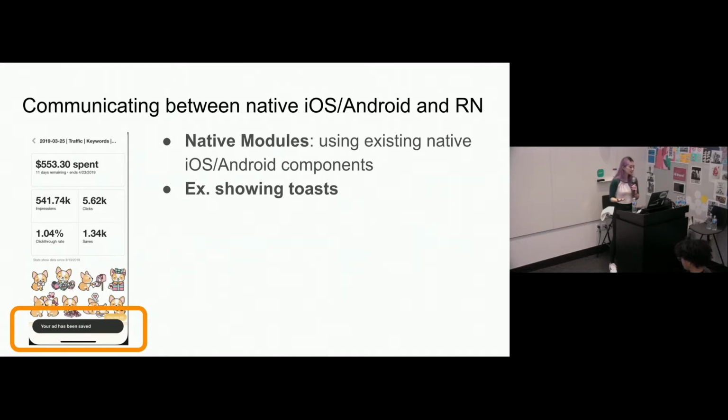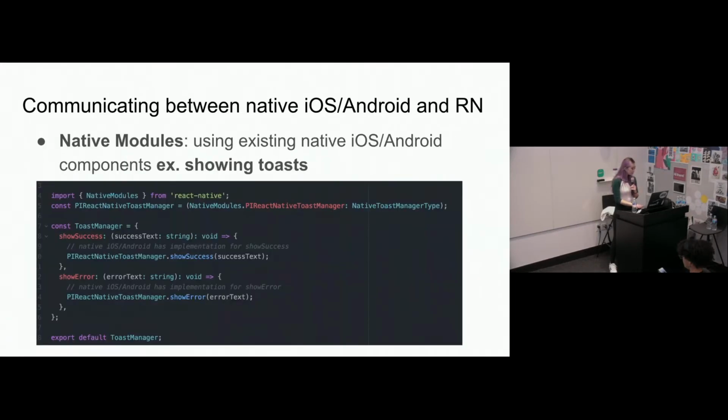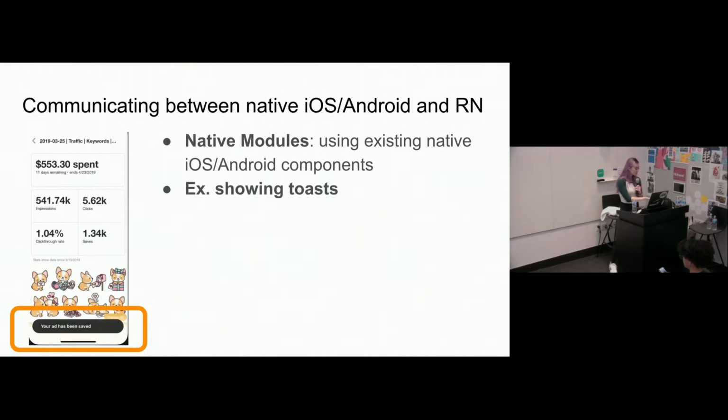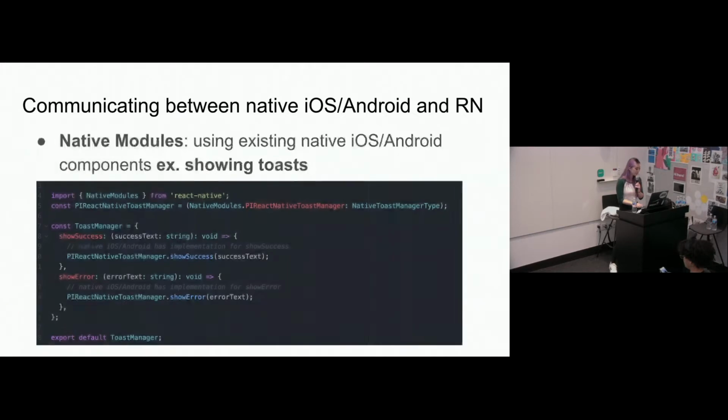So basically, if you need to do things such as show toasts and you don't want to rebuild it, you can use existing native code and have that connected to your React Native code. Here, this toast is native iOS, even though the view is React Native. The way you do that is you use this standard component from the open source React Native library.